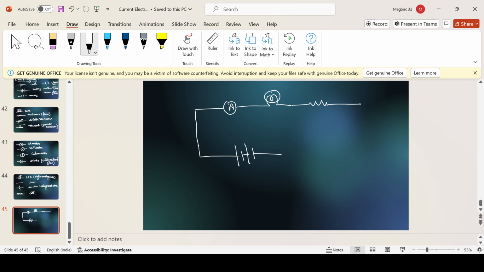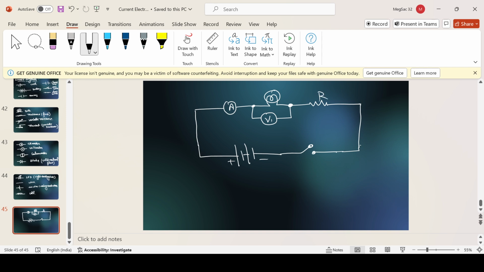Always make it with a scale, okay? I'm just making it here, so it's not done like this. Then have one switch, and here we are closing it. Connect the voltmeter across this bulb only. So V1 is the voltmeter. This complete circuit is called the schematic diagram of the circuit.